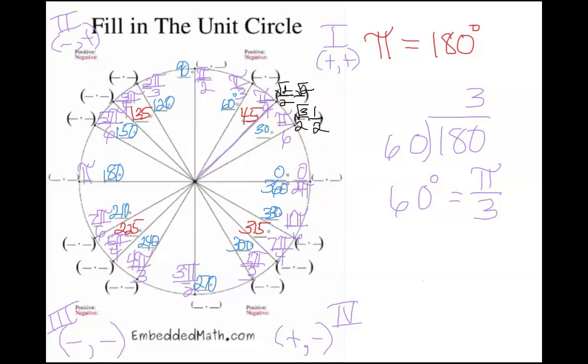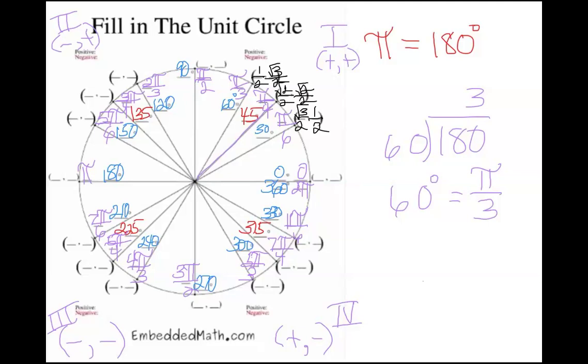Then we just trade places with x and y up here at 60, so x is 1/2, y is square root of 3/2. We're just going to worry about those for now. We'll come back to the 0, 90, 180, and 270.